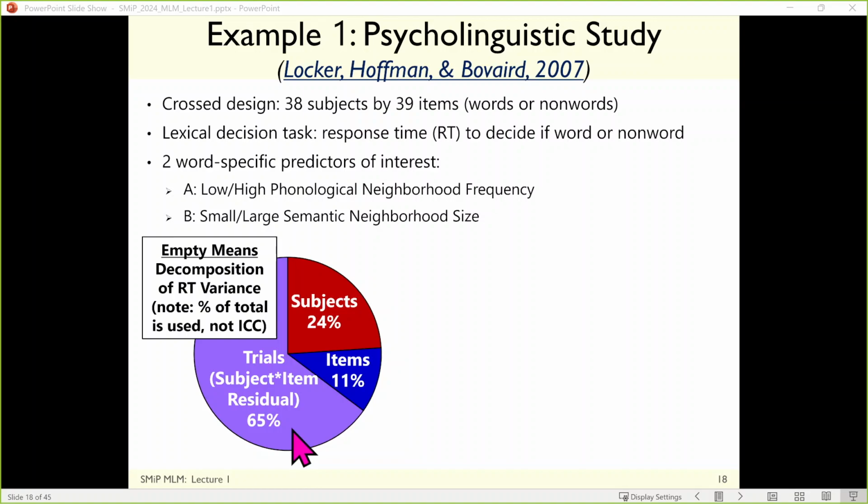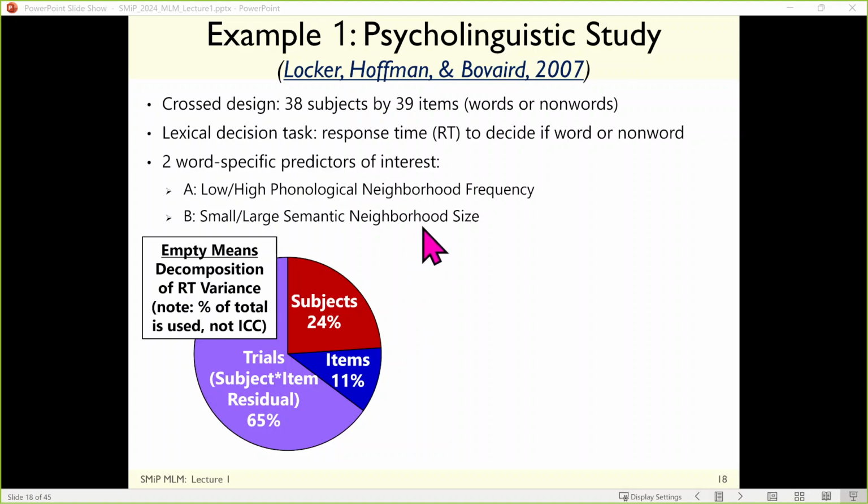So just looking at this pie chart, if you think about this from an R-square perspective, variance explained, the model that we're going to fit only has these two item characteristics in it. He didn't actually have any person characteristics collected in the entire data set. A bummer for our example, but not a deal breaker for the model.